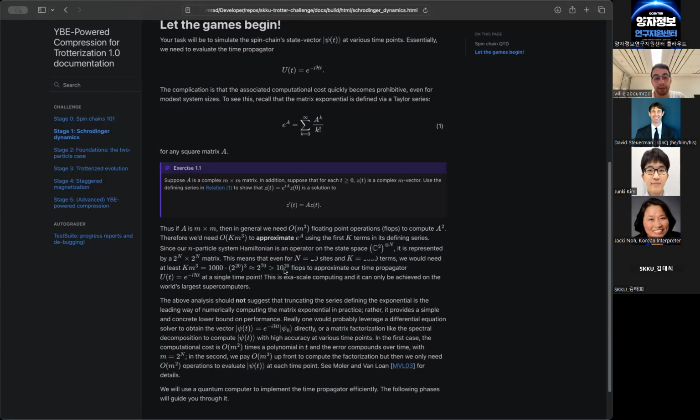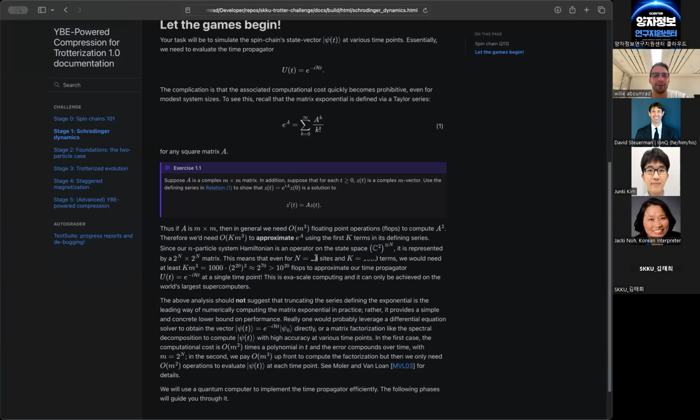As this example illustrates, even if you had just 20 sites and you consider a very naive algorithm for trying to approximate or compute this matrix exponential, or this time propagator, on a classical device, you would need something like 10 to the 20 flops, right? That's quite a bit. The largest computers that we have today function on the exascale, which means that they can do 10 to the 18 flops. So maybe you could do 20 sites on the largest supercomputer on the planet, and that would take you on the order of a few minutes.